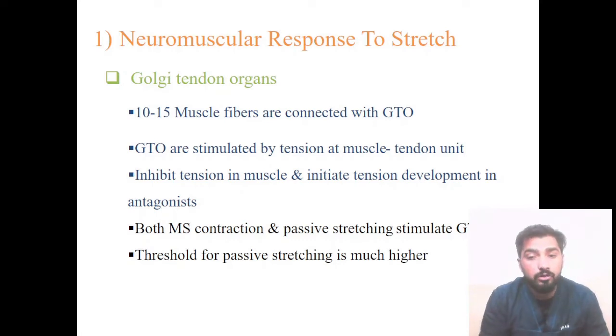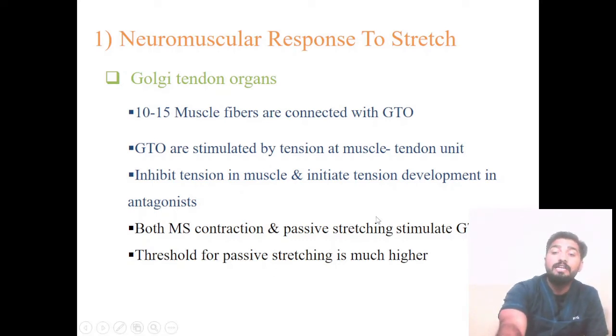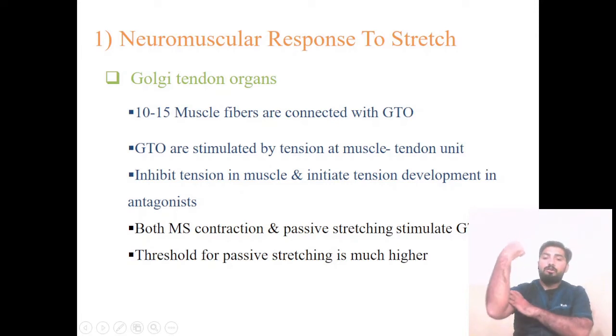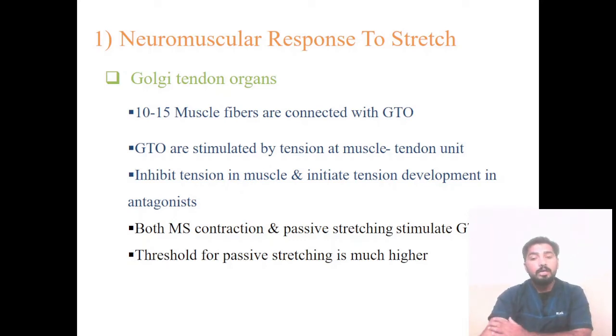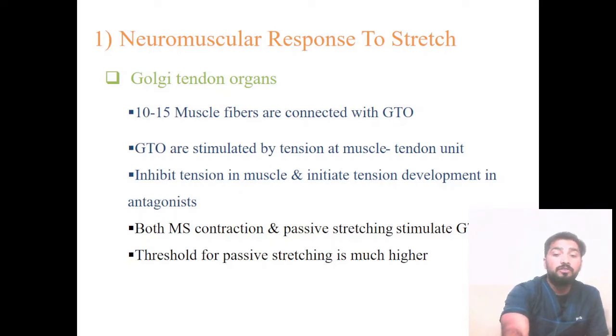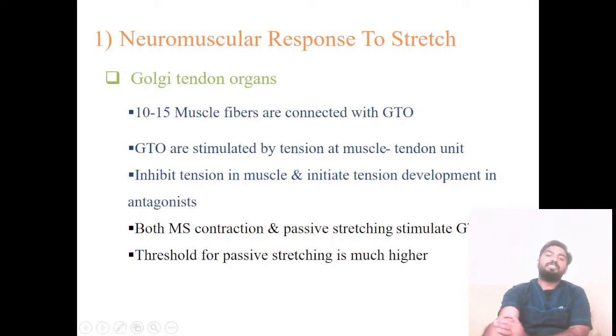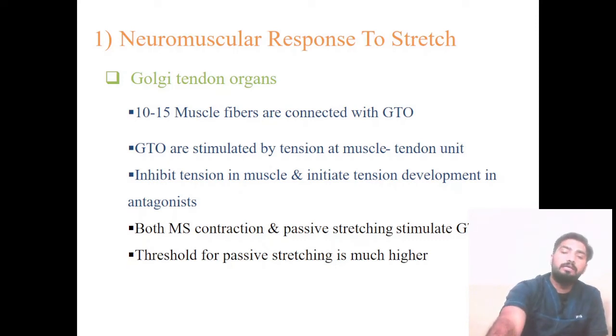Both the muscle contraction and the passive stretches stimulate the GTO. If I contract this muscle strongly, it will activate the GTO, or if I stretch this muscle, it will also activate the GTO. But the threshold for the passive stretching is much higher. We have to stretch to an extreme level to activate the GTO passively.